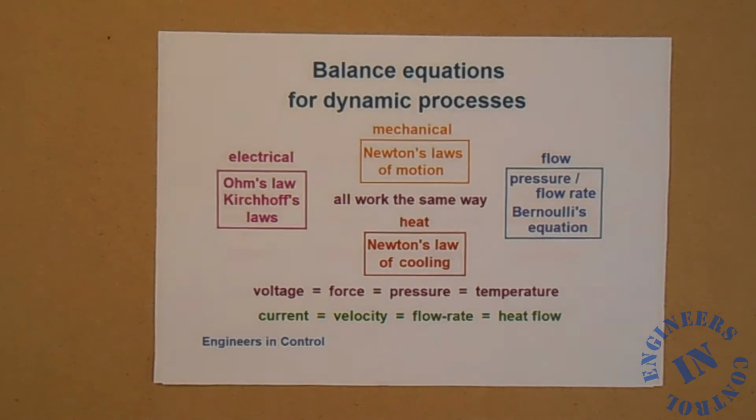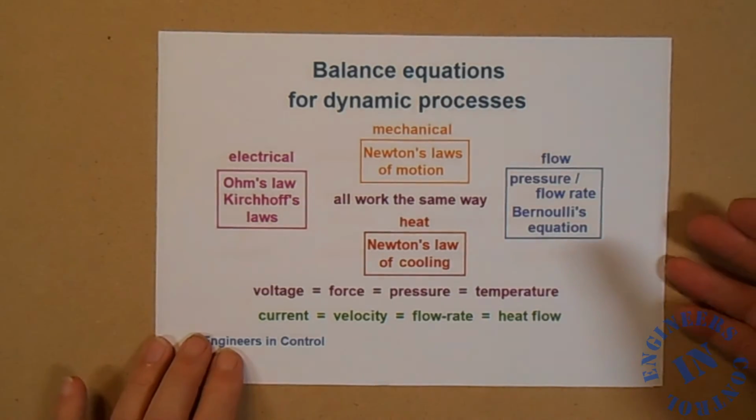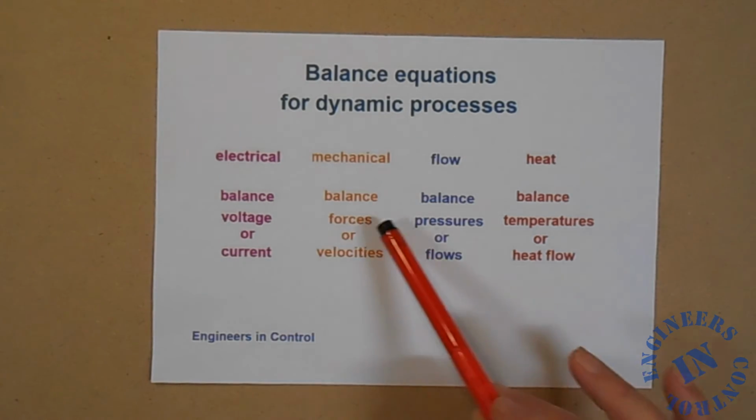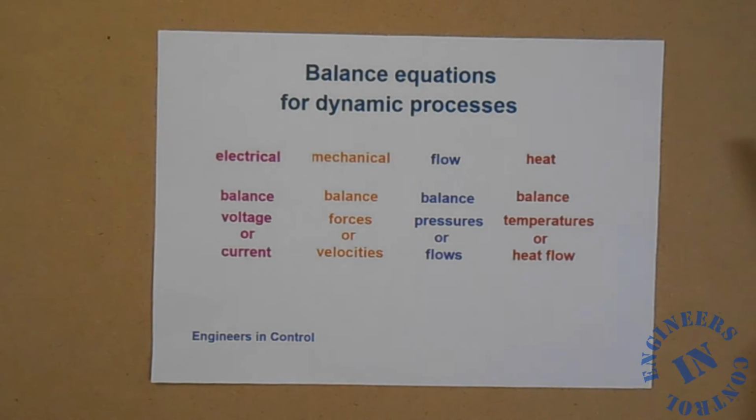For the balance equations, I have another chart here that's slightly different. And I just want to point out that we can use the driving force, or we can use the current or flow rate. So in this chart we can balance the force along the top here, but we can also balance velocity, electrical current, flow rates or heat flow.